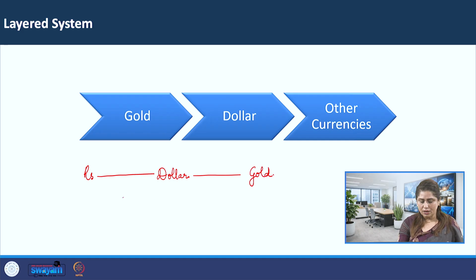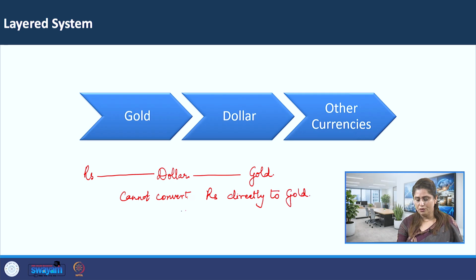Now, you cannot convert rupees directly to gold. You have to first convert them to dollars, and then these dollars will be converted into gold.